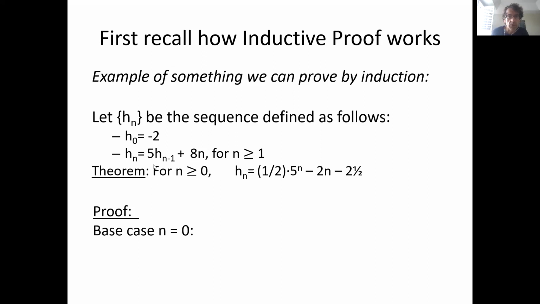Okay, so now there is a recurrence relation. You can compute it for the first few elements. And perhaps you will have a guess that this recurrence relation actually has a concise closed formula, and it's this one.